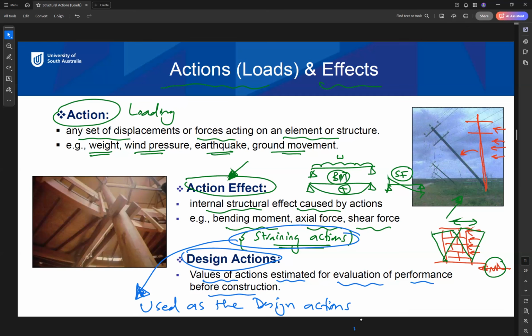So the margin of safety will push us to maybe increase the straining action a little bit to account for any uncertainty of the design. But our base of the design action will be from the straining action. So these are the action, the action effect, and the design actions that we need to consider.